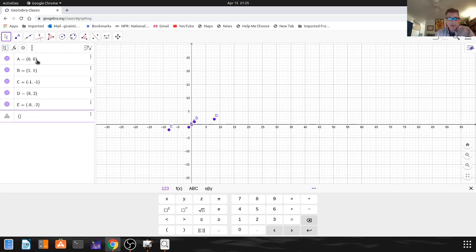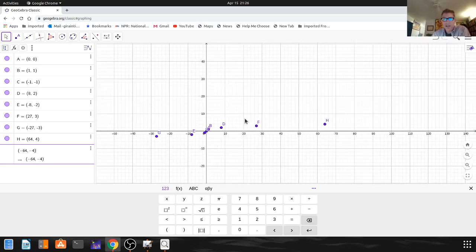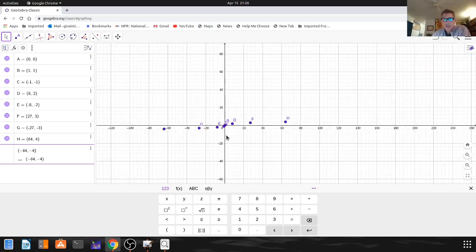Now let's plot, we jumped up to 27, 27, 3, and minus 27, minus 3. We can do one more, can't we? We can do 64, 4, and minus 64, minus 4. So let me zoom out. So there we have it.